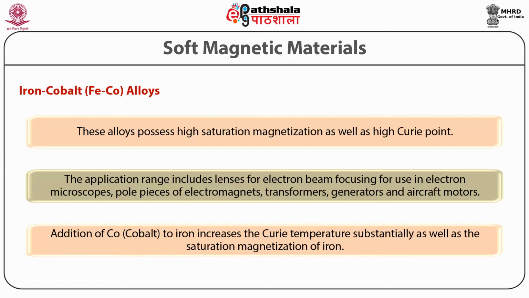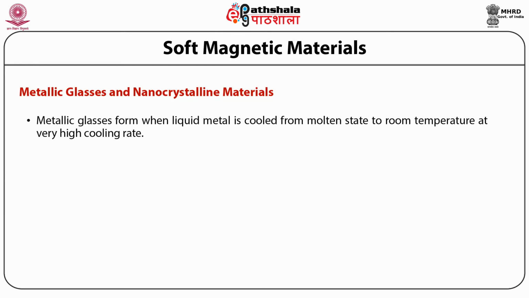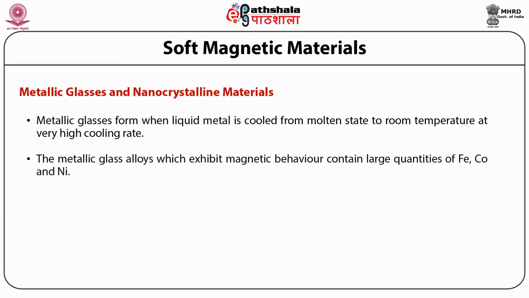The last type of soft magnetic material are metallic glasses and nanocrystalline materials. Metallic glasses form when the liquid metal is cooled from the molten state to room temperature at a very high cooling rate. The metallic glass alloys, which exhibit magnetic behavior, contain large quantities of iron, cobalt, and nickel.